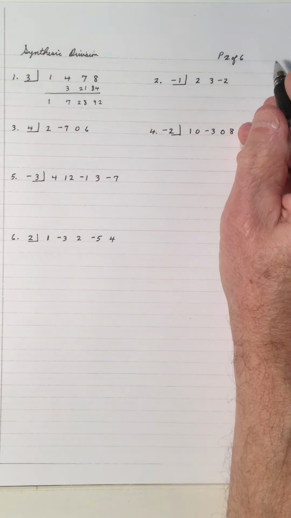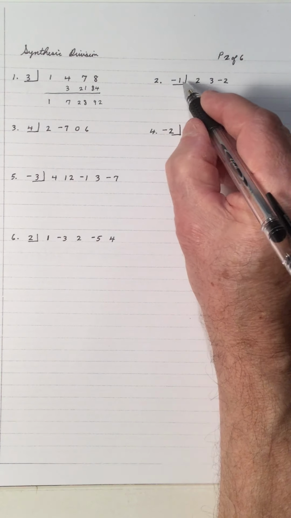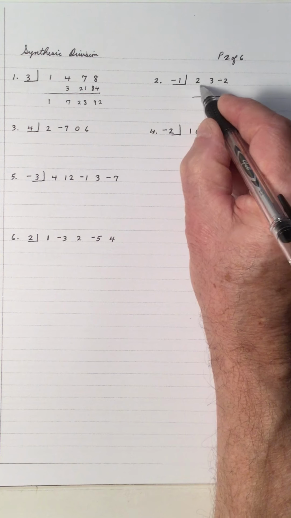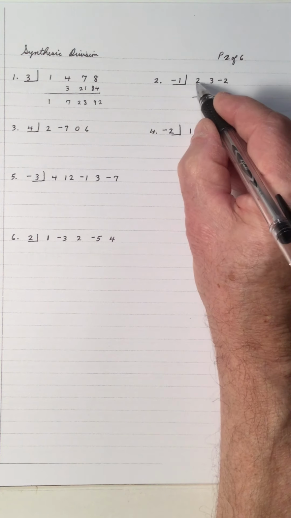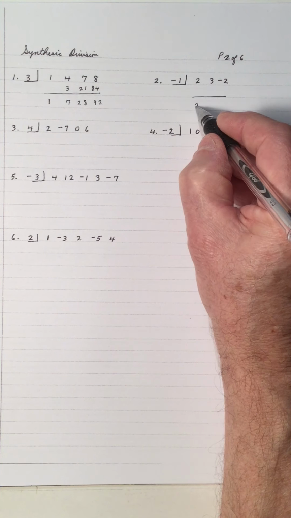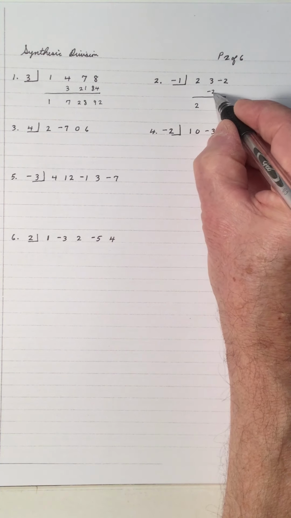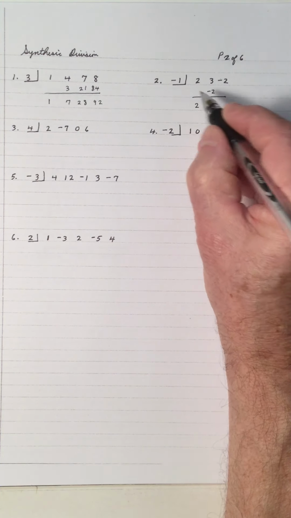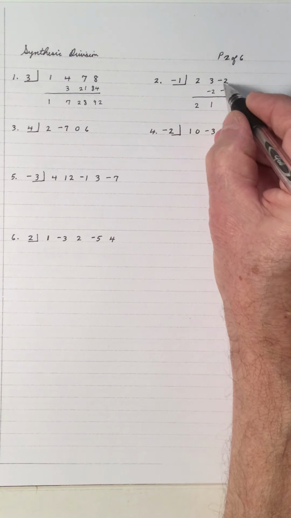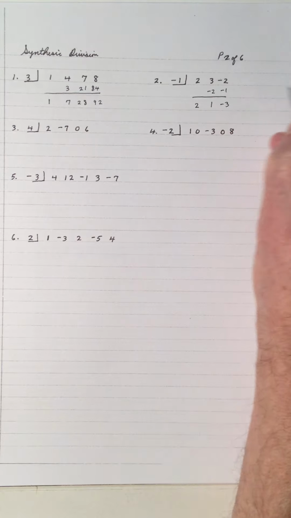So again, the pattern is, don't draw a line here, draw a line underneath here. Bring down your 2, multiply -1 times 2, -2. Add 1, multiply -1 times 1, -1. Add -3.